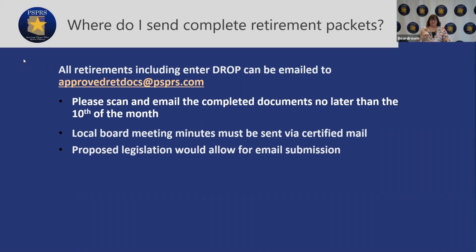Next question, if there are beneficiaries like a spouse, do local boards and employers still need to complete Form 8? Yes, we do like to have that on record, because it's a resource for us for a couple different things. It is for, like I said, any remaining contributions, but in that case, the spouse would potentially be receiving that surviving spouse benefit. But it's also for those times where the member passes away and there's no surviving spouse.